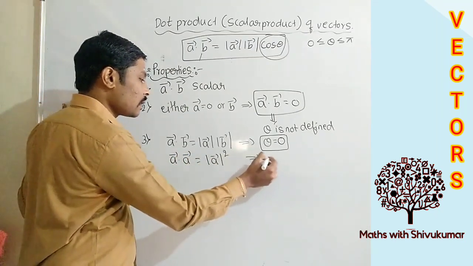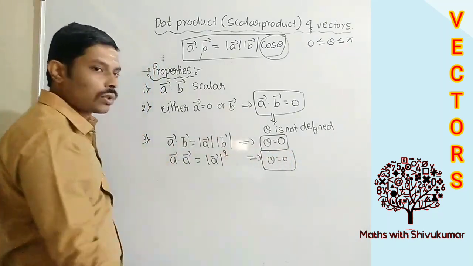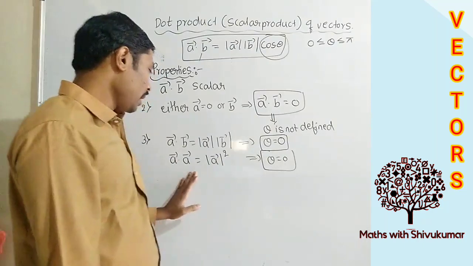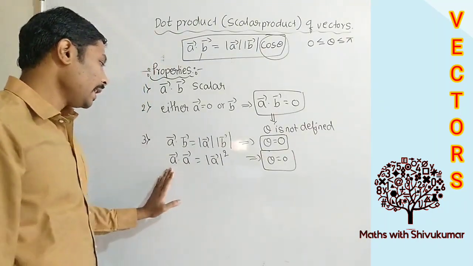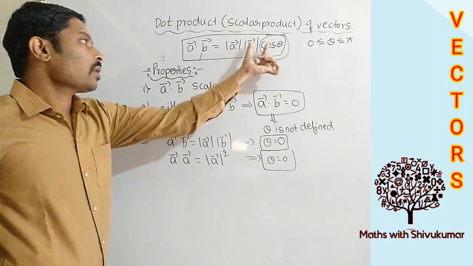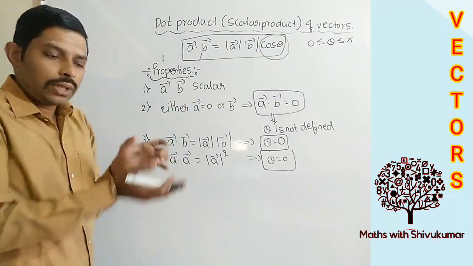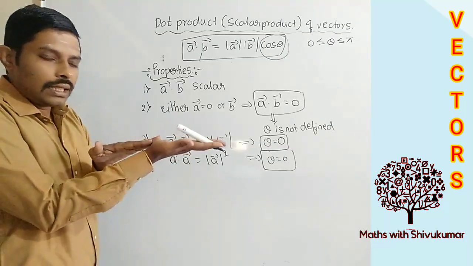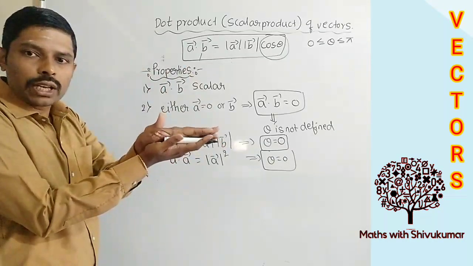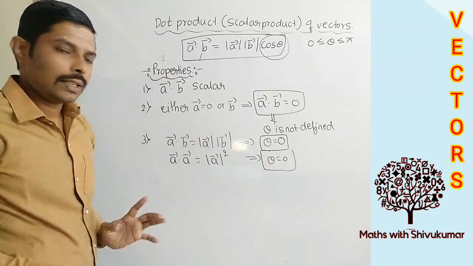In this case also, theta is equals to 0. Remember this important thing, students. A dot A means what is the angle between the same vectors? With the same vector we are considering, the angle is 0. So theta is 0.